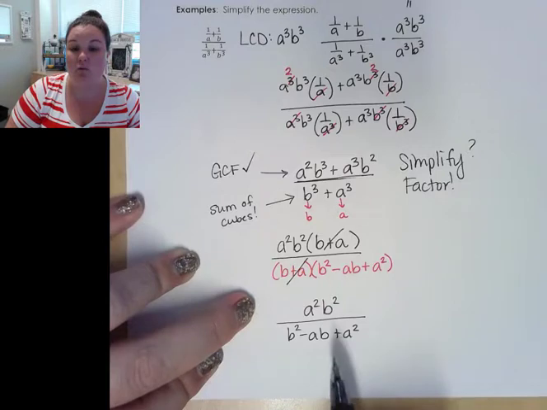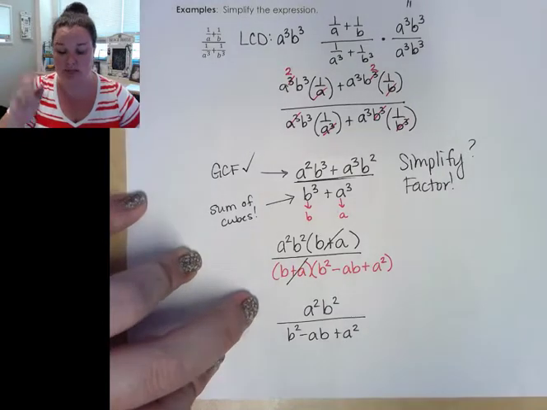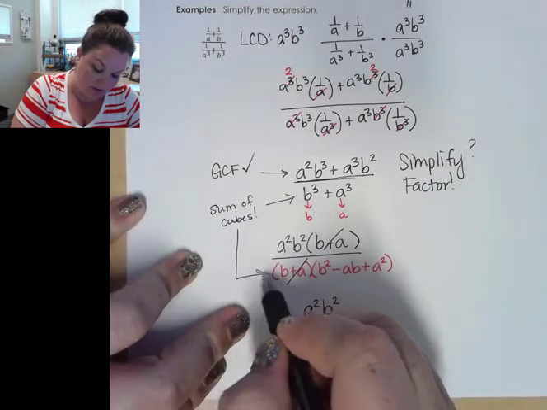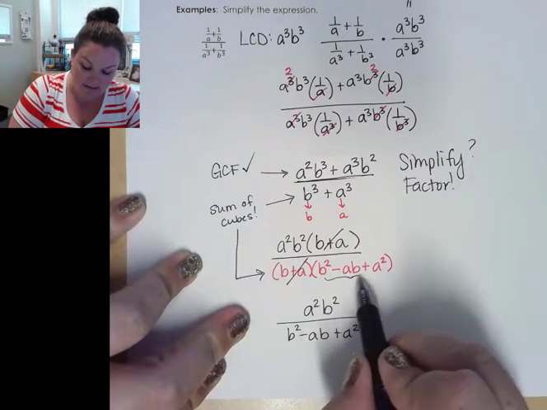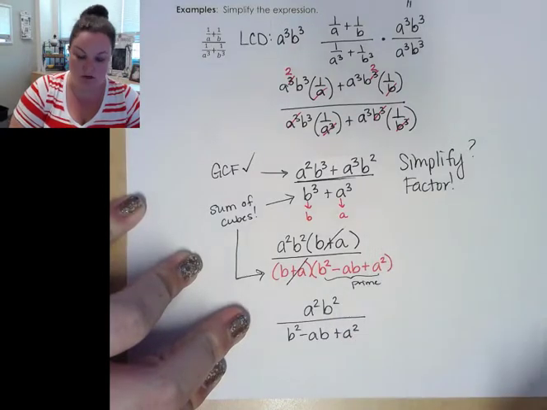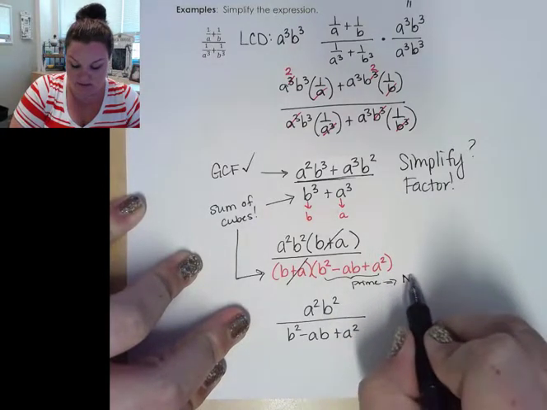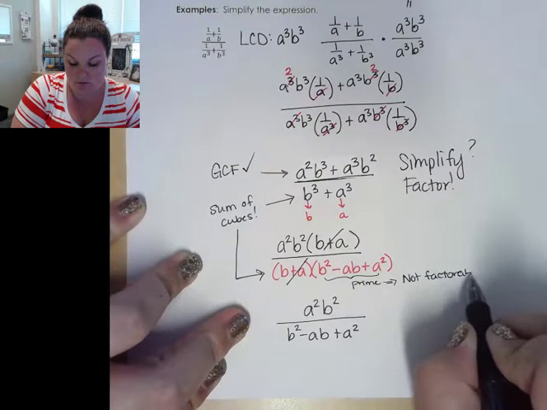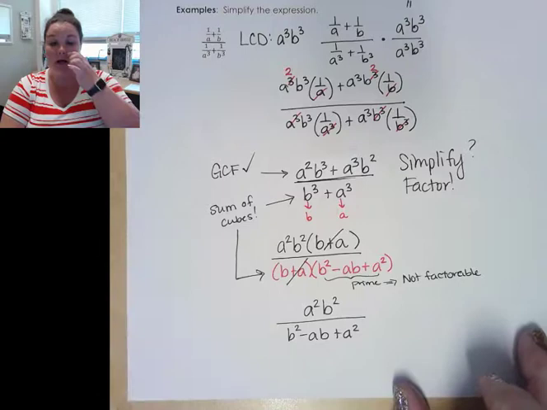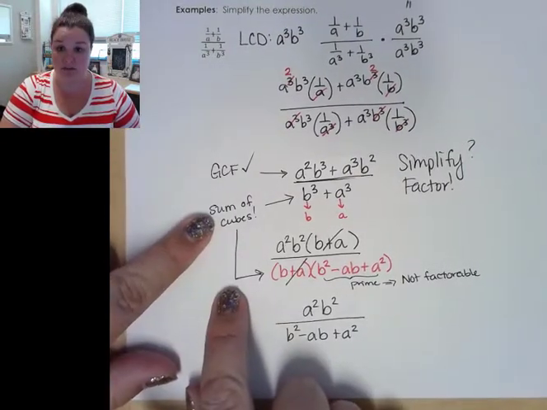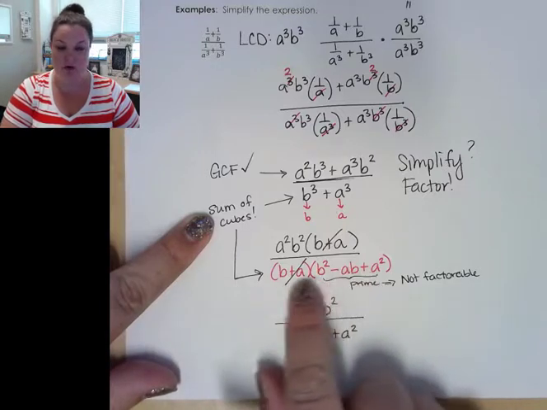And I cannot reduce this because of two things. One, remember when we use our sum of cubes formula, this second quantity is always prime, or in other words, it's not factorable. Once we plug our bases into our sum of cubes formula or our difference of cubes formula, this is as far as it goes.